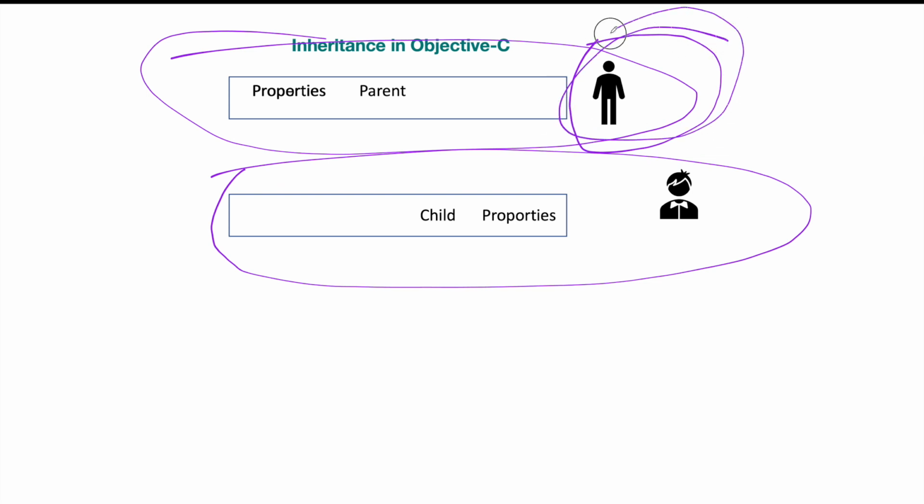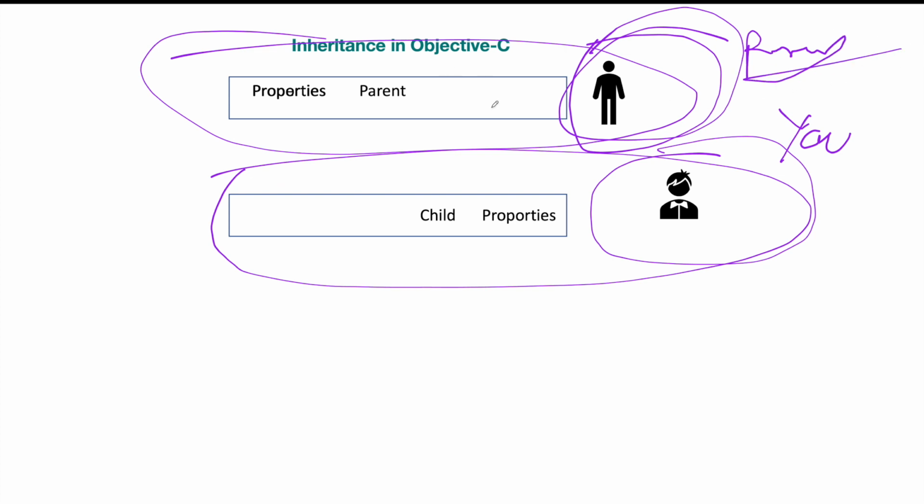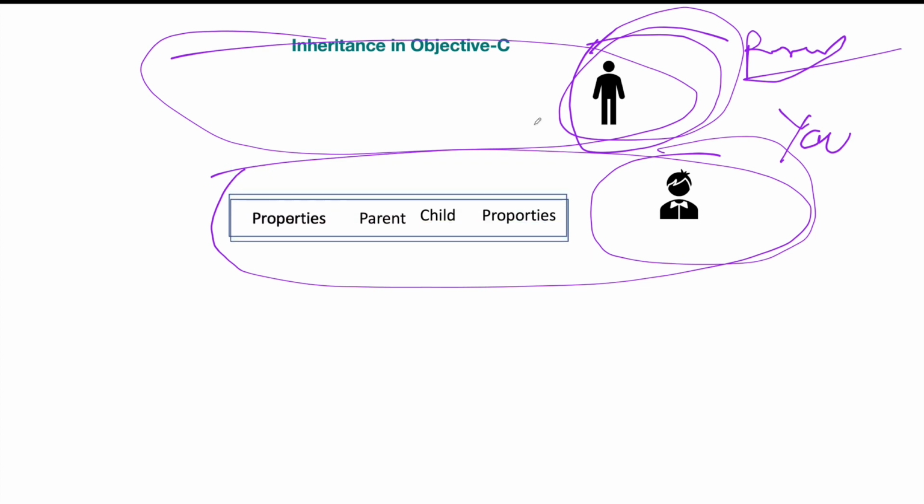Whatever properties your parent has, like land or house properties, you are taking care of them in your authorization areas.